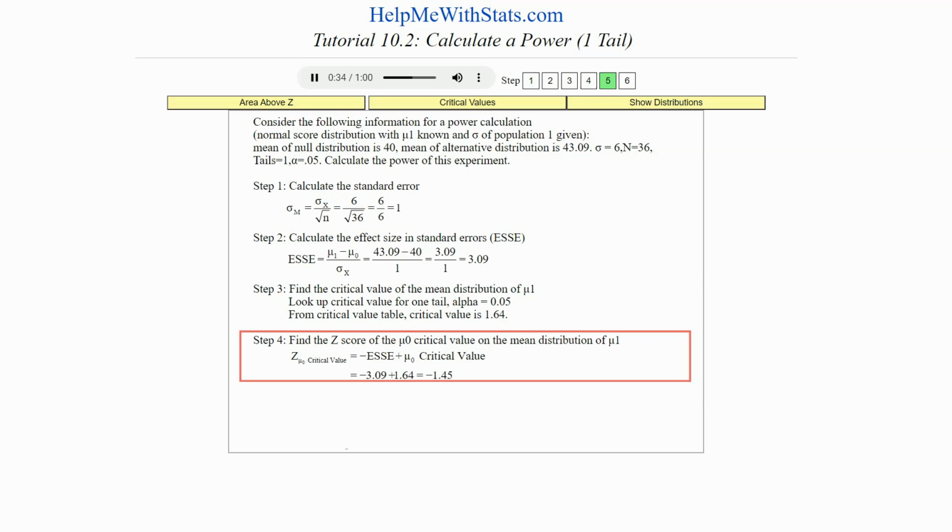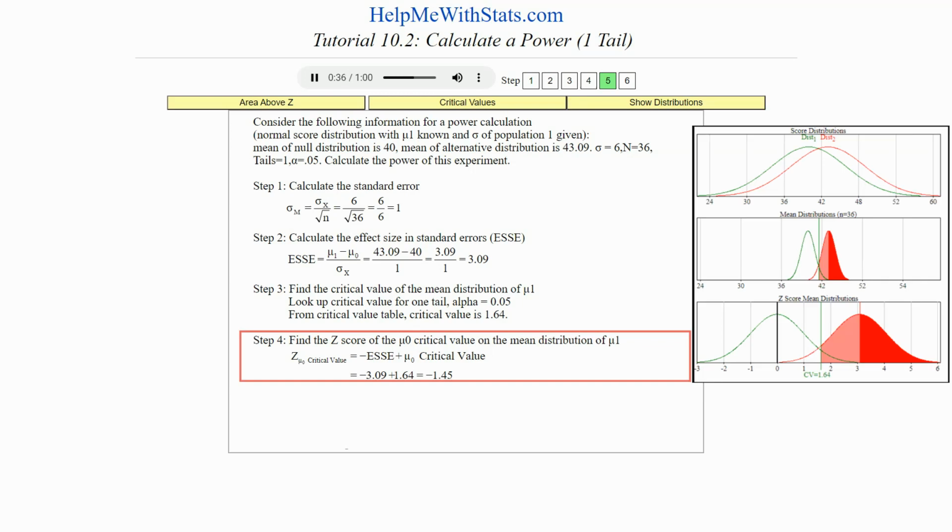In this example, the null distribution is 3.09 standard errors below the mean of the alternative distribution, so the mean of the null distribution has a z-score of -3.09. We add the critical value of 1.64, which gives us -1.45. The critical value of the null distribution has a z-score of -1.45 on the alternative distribution.